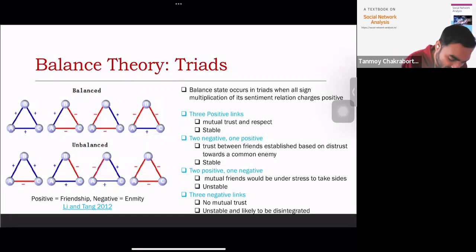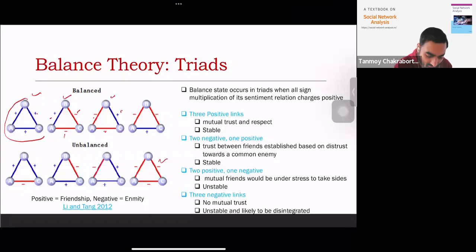As you see here, there are three edges. How many possibilities are there when we change signs? One possibility is where all three edges are positive. Another is where two edges are negative and one is positive. Another is again two negative, one positive. And another is where all three edges are negative. So let's look at it.